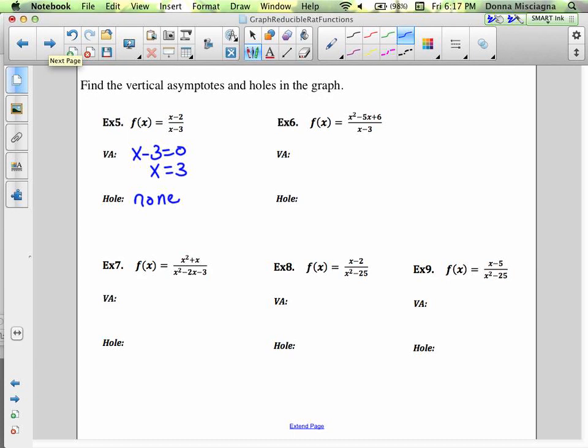Now this one could be factored. Multiplies to give me 6, adds to give me -5. That's -3 and -2. So we have x squared minus 3x plus -2x plus 6.